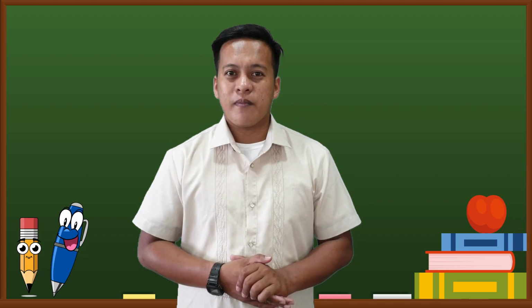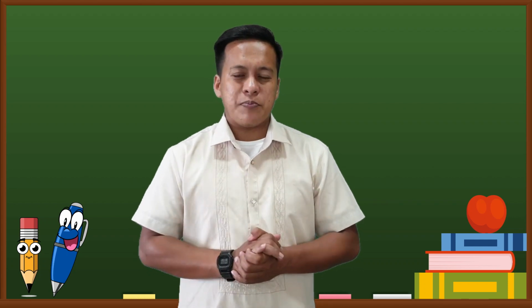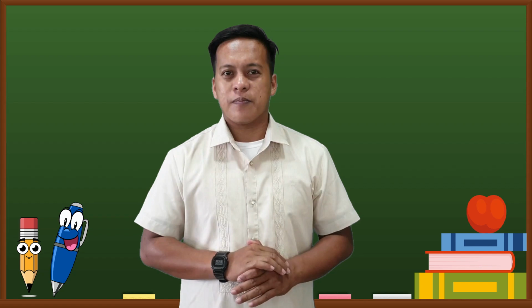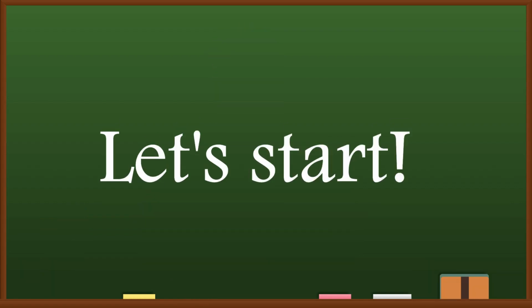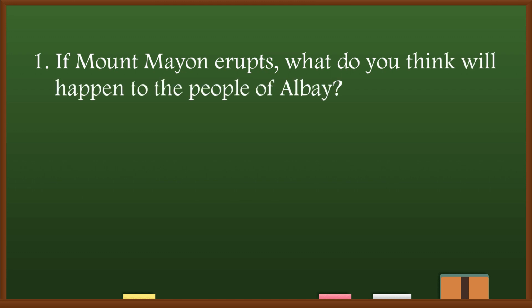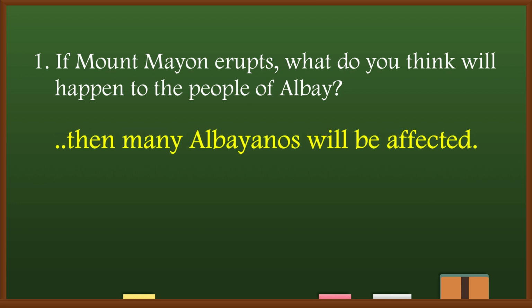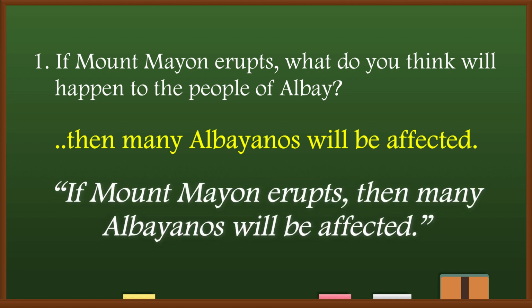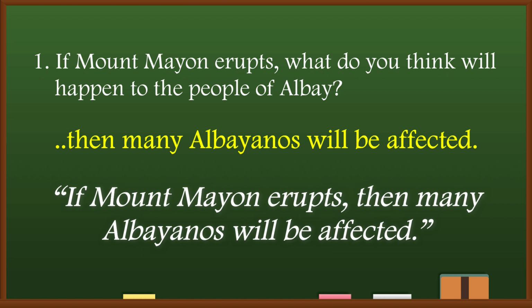Are you ready? Don't worry, I will just be giving you simple statements. Let's start. For number 1, if Mount Mayon erupts, what do you think will happen to the people of Albay? That's right. Then many Albayanos will be affected. So putting together the if clause and then clause, the statement will be, if Mount Mayon erupts, then many Albayanos will be affected.